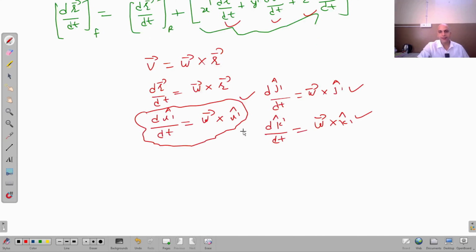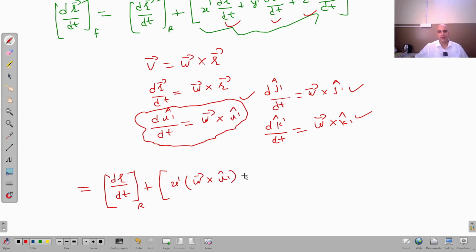So what I will get when I put it here is dr upon dt rotating plus bracket x dash into omega cross i dash plus y dash into omega cross j dash plus z dash into omega cross k dash. This is what I got from here.